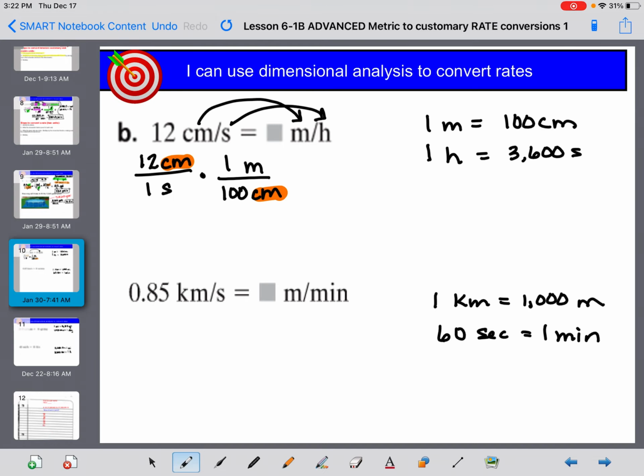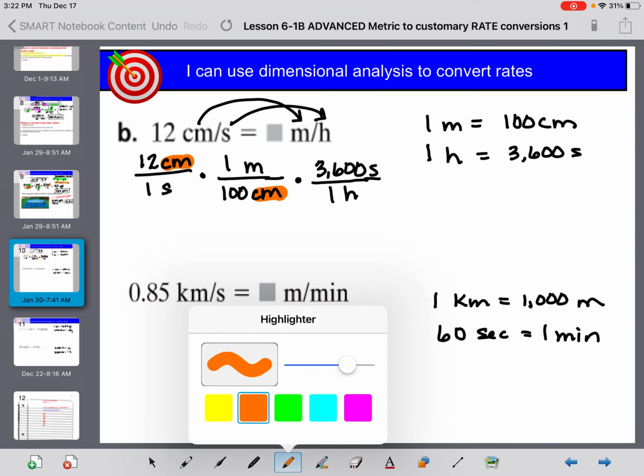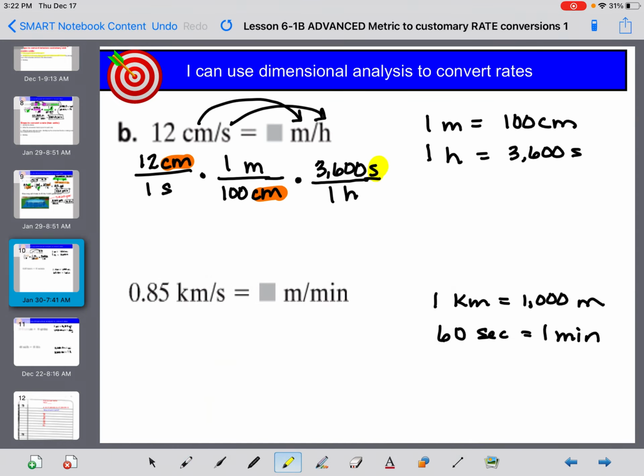I also need to convert seconds to hours, which requires another conversion factor or another ratio. The other ratio is 3,600 seconds over 1 hour. I chose to put seconds in the top because the seconds is in the bottom in the original, so I have to put them in the opposite spot. Seconds will cross off, centimeters will cross off.